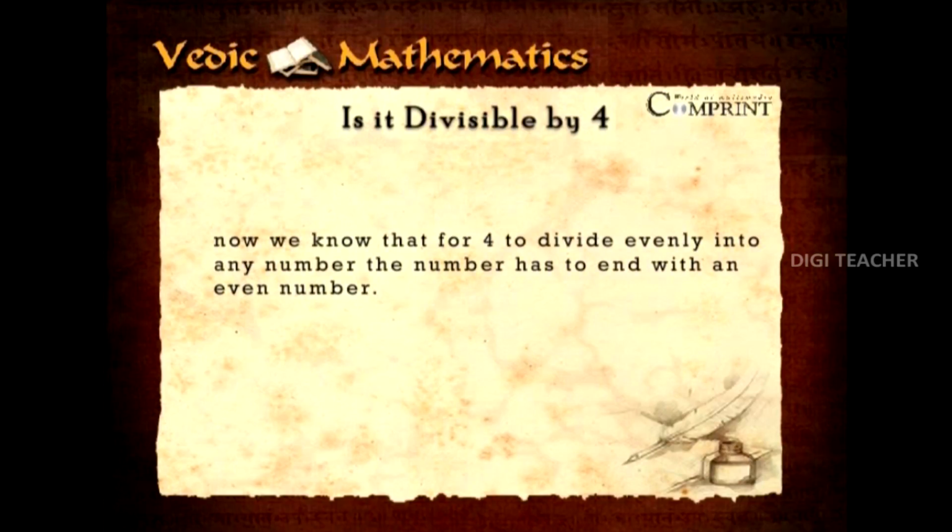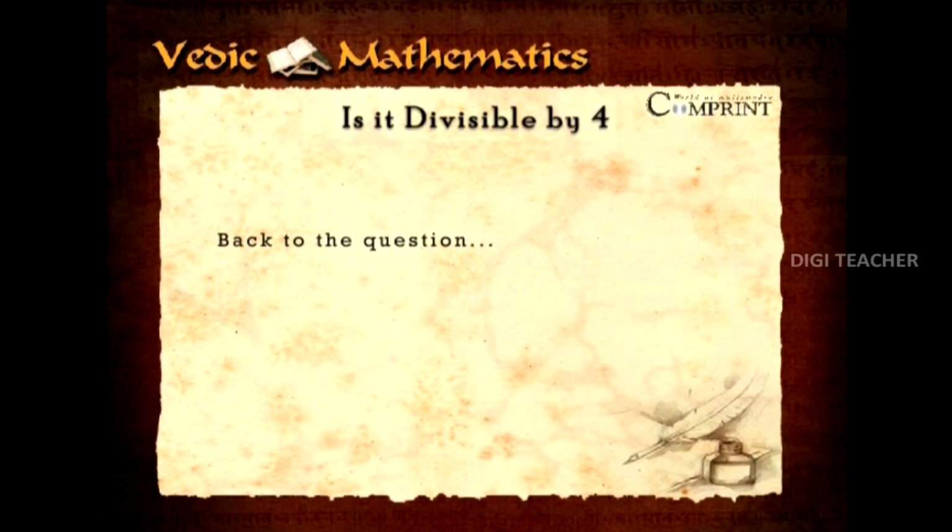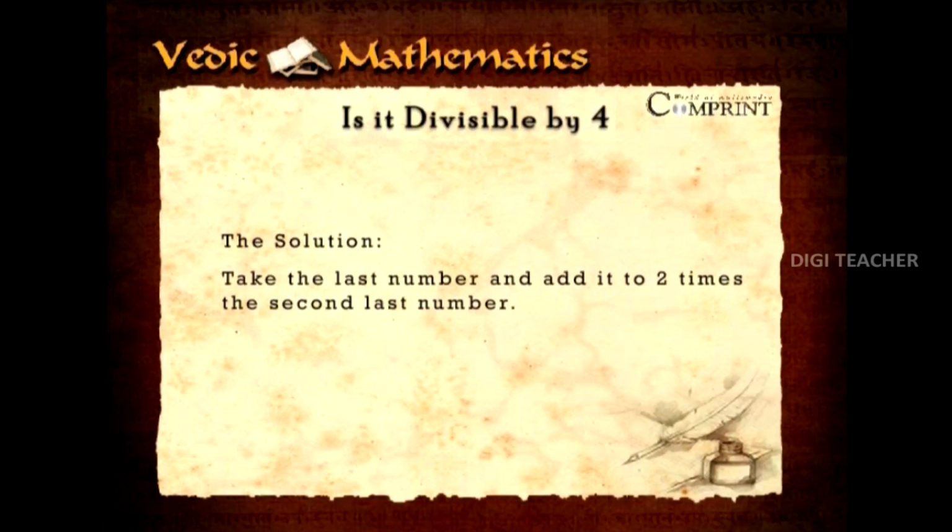Now, we know that for 4 to divide evenly into any number, the number has to end with an even number. Let's get back to the question. Does 4 divide into 1234? The solution is, take the last number and add it to 2 times the second last number.